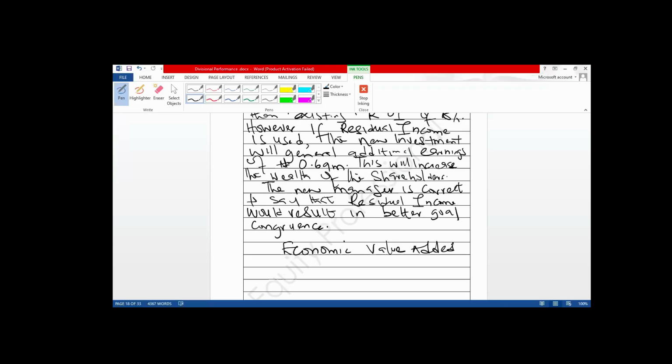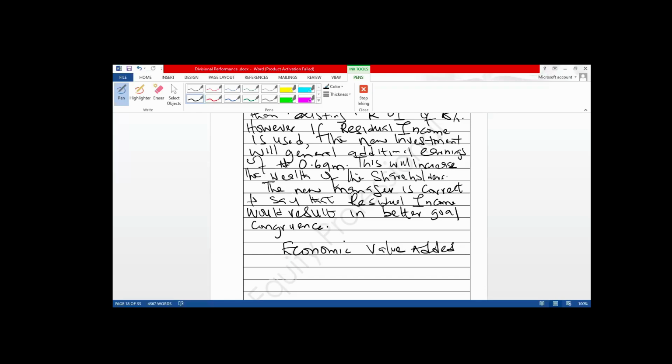You are making provisions for something that has not happened. For this reason, accounting information cannot be used as a better measure of performance.